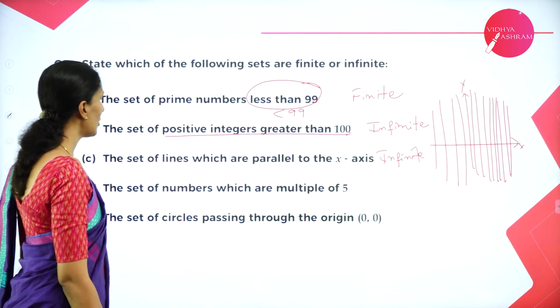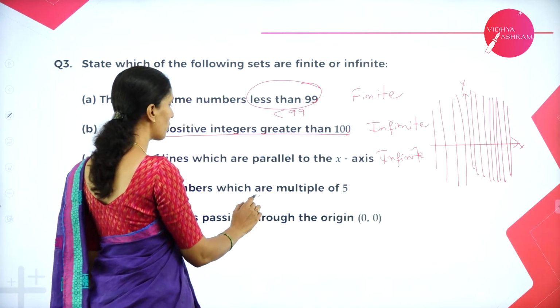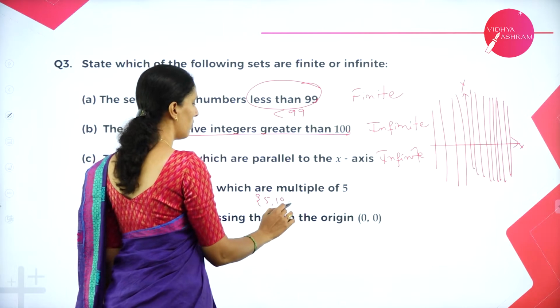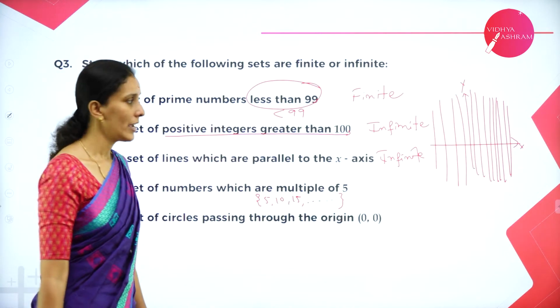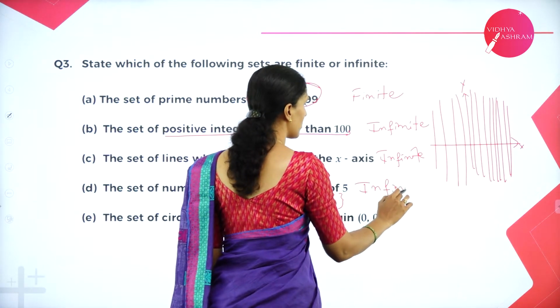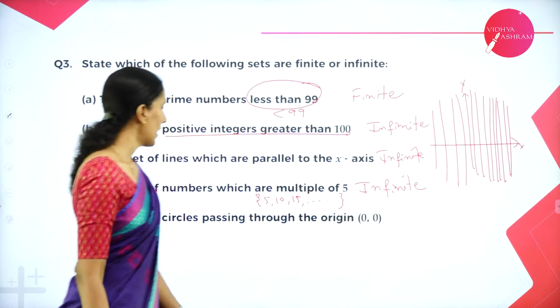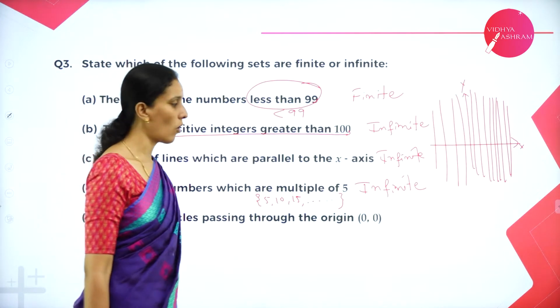Next, the set of numbers which are multiples of 5. Multiples of 5 start from 5, 10, 15. You can go on writing all the multiples of 5. Again, this is an example of an infinite set. Next, the set of circles passing through the origin (0, 0).